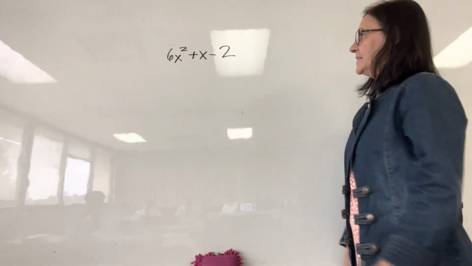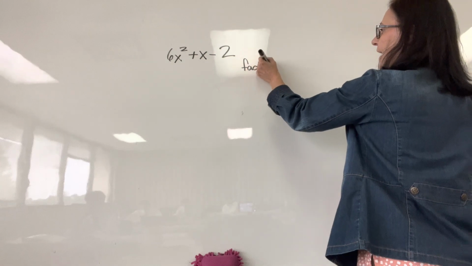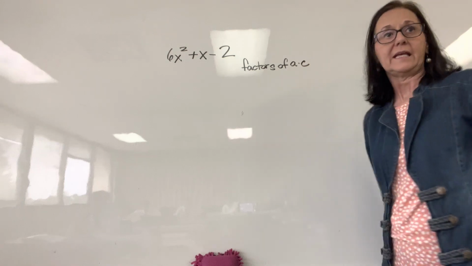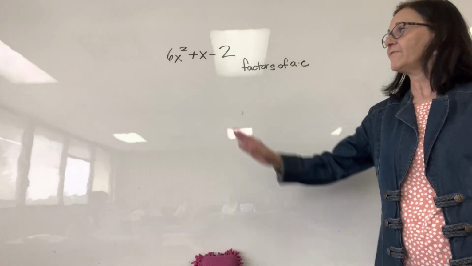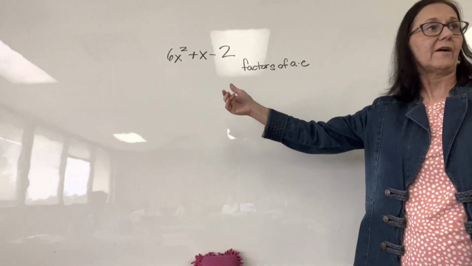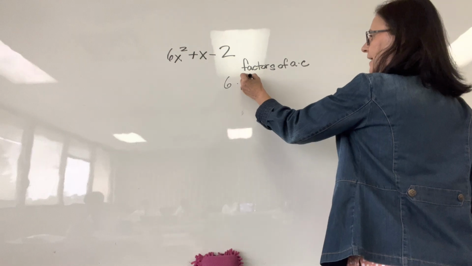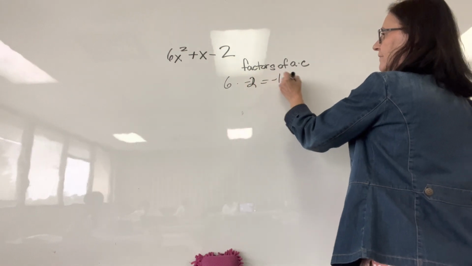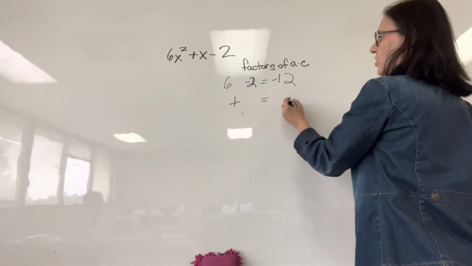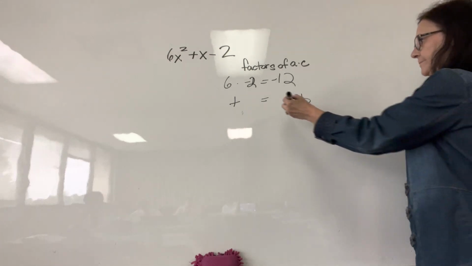All right, we're going to ask this question. We're going to look for factors of a times c. What's my a value in this equation? 6. And my c value? -2. So we're going to look for factors of 6 times -2, which is -12, such that when we add them, the result is the b value. What's my b value? 1.